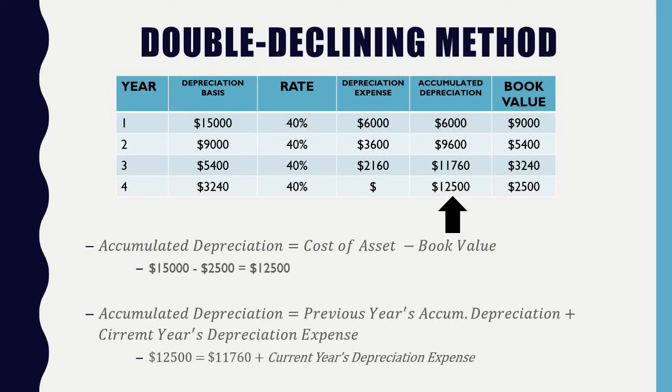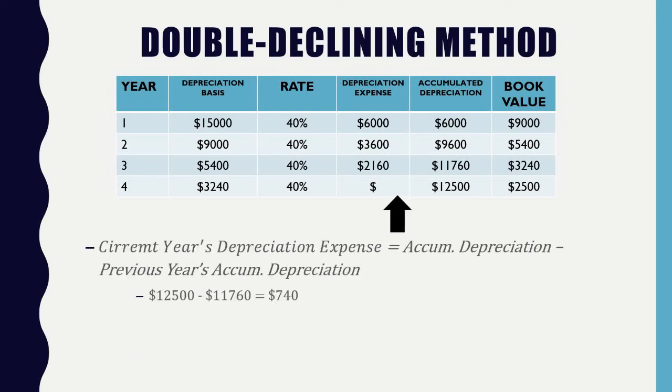So in this case, now I need to plug my numbers in, okay? 12,500 is equal to my 11,760 plus X, right? All I have to do is subtract these two numbers to get my depreciation expense. So I take my 12,500, I minus out my 11,760 to get a total of $740.